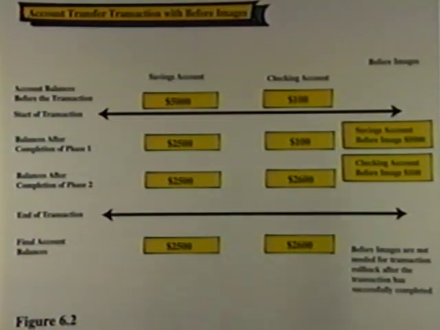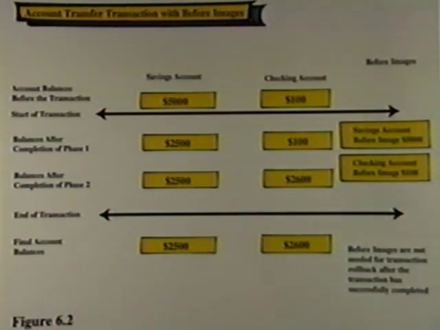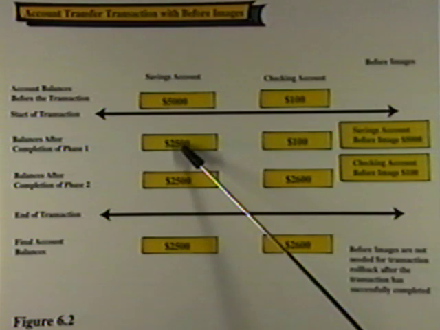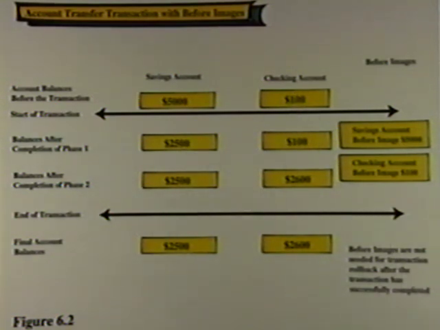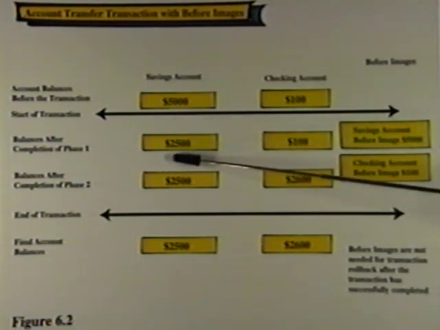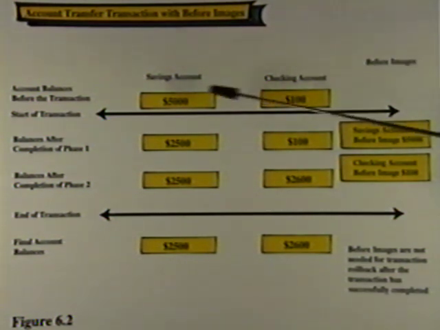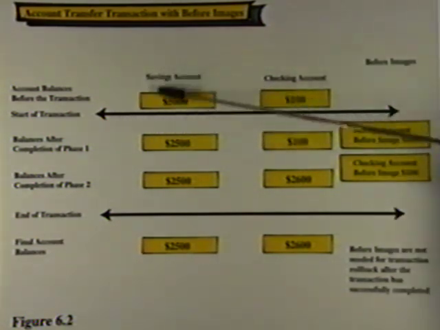Here we have the same bank account example. In the first phase, remember, all we changed was the savings account. So what we essentially do is before we modify the record in the savings account, we take something called a before image of the savings account. The savings account before image is $5,000, and that happens to represent our initial state.